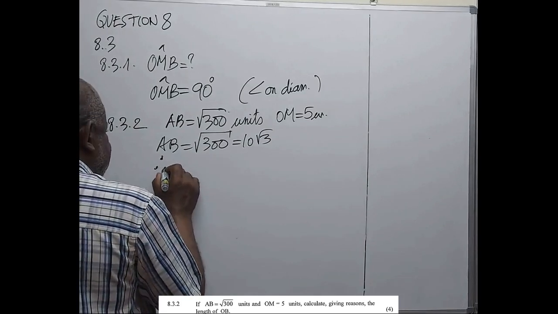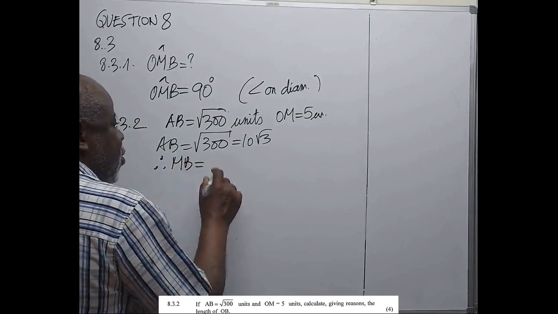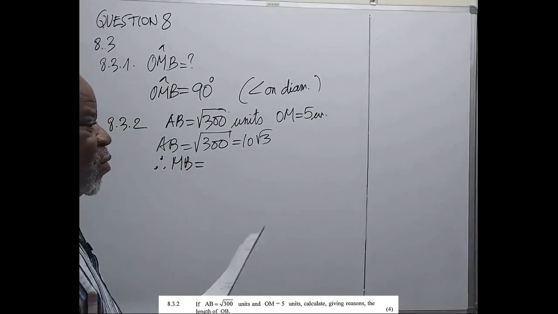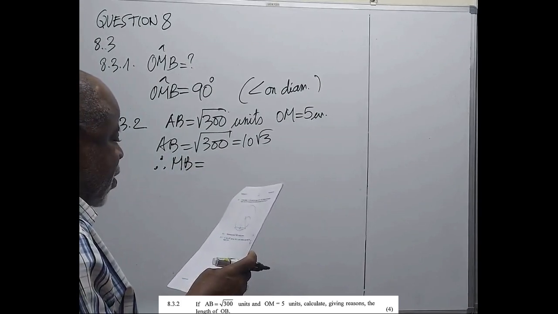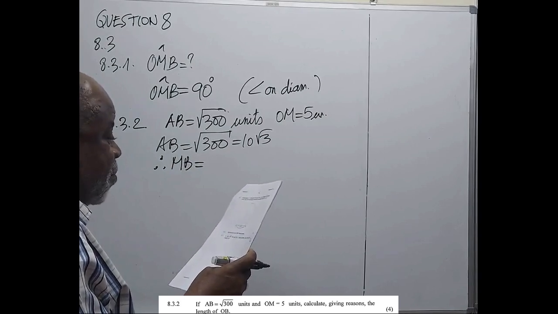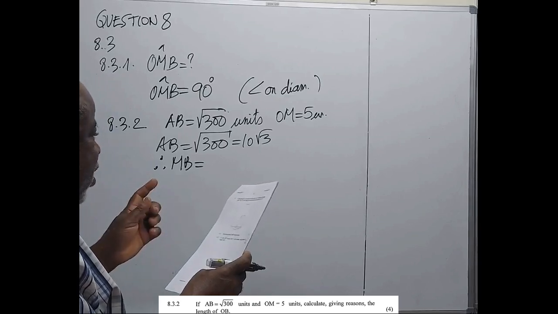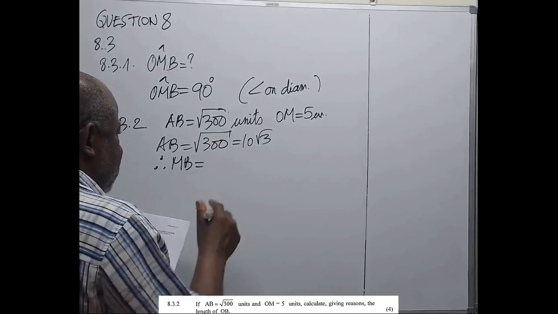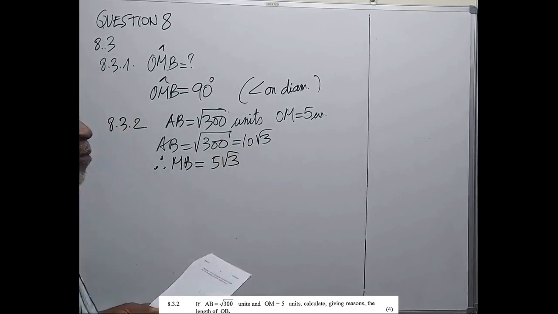Therefore, MB will be equal to AB divided by 2. So dividing by 2, we get 5 square root of 3.